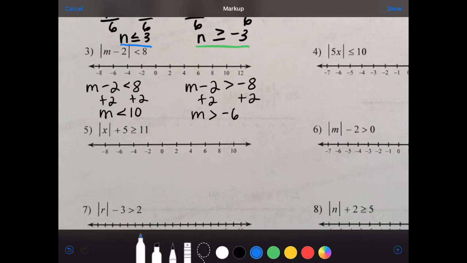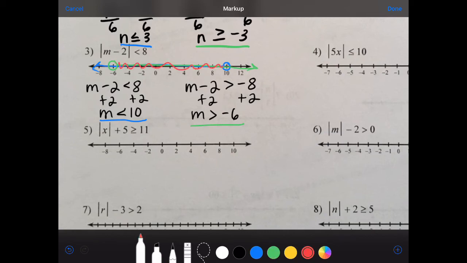And then you want to graph both. So the first one, m is less than 10. So here's 10. I have an open circle because it does not have an equal to, and then it's less than, so I'm shading to the left. For the other one, I'm going to use green. I'm going to be at negative 6, open circle, and then shade to the right. Okay, now my inequalities overlap in the middle.